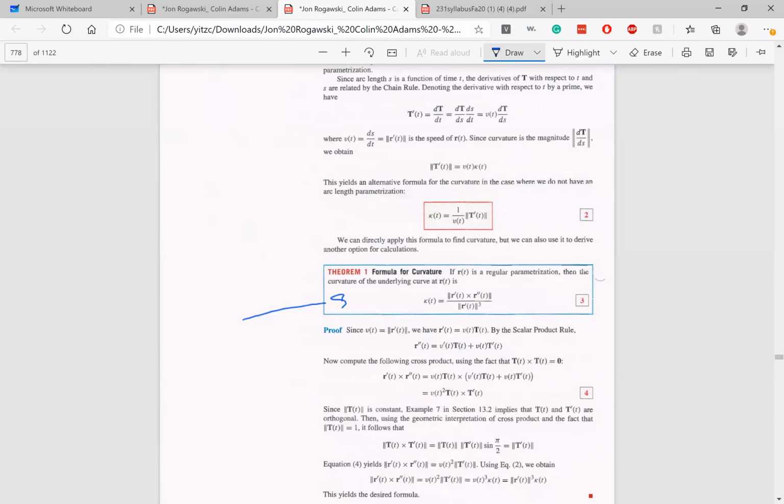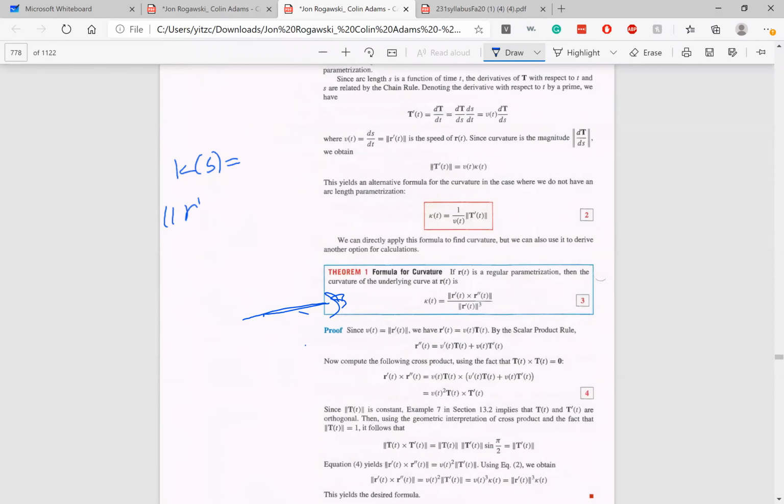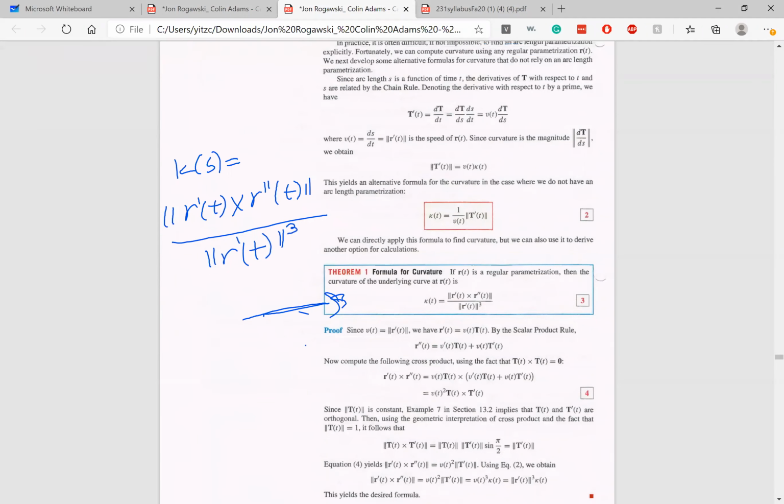Anyway, this formula will always get you to the curvature. It's the magnitude of r prime of t cross r double prime of t over the magnitude of r prime of t cubed. And this would also give you the curvature.